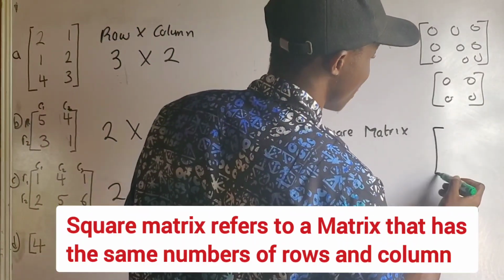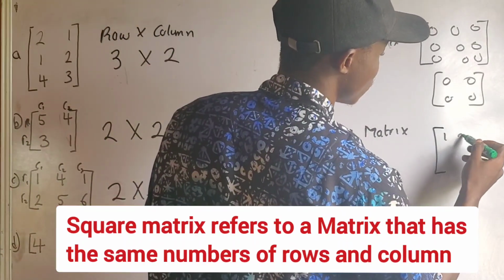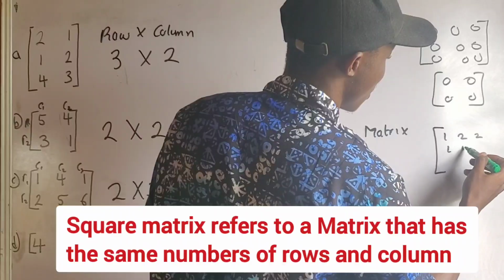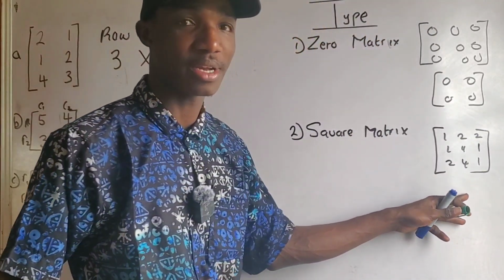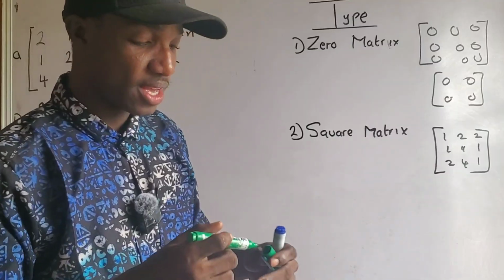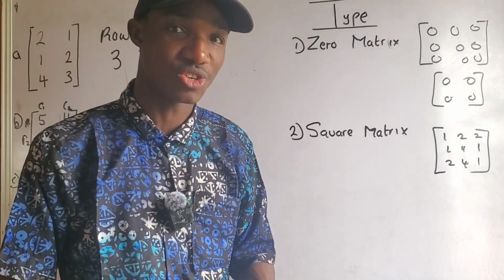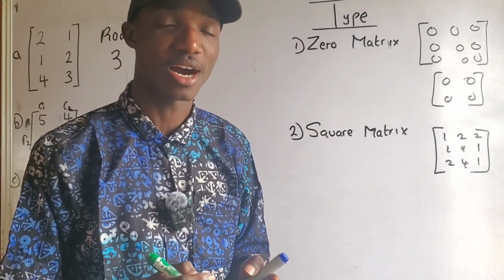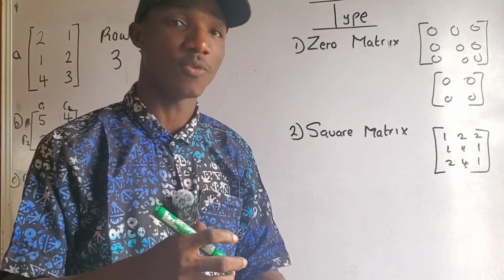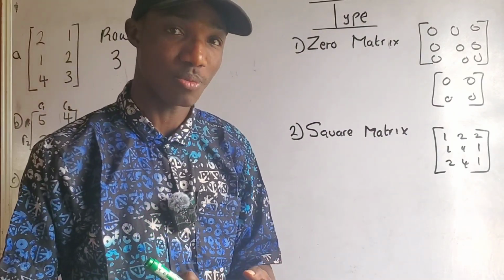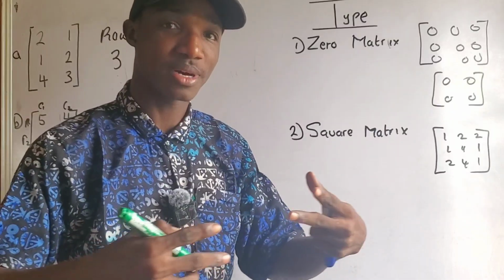Okay, so let's look at an example. Let's say we have a matrix 1, 2, 2, 1, 1, 1, 2, 4, 1. This kind of matrix is a square matrix. Let us check. Any matrix that satisfies this condition can be regarded as a square matrix. And this is the condition: the number of rows must be equal to the number of columns. You understand? That is the same number of rows and columns.